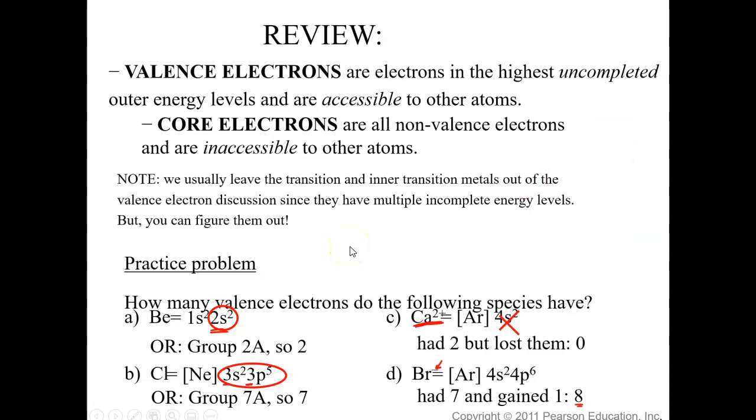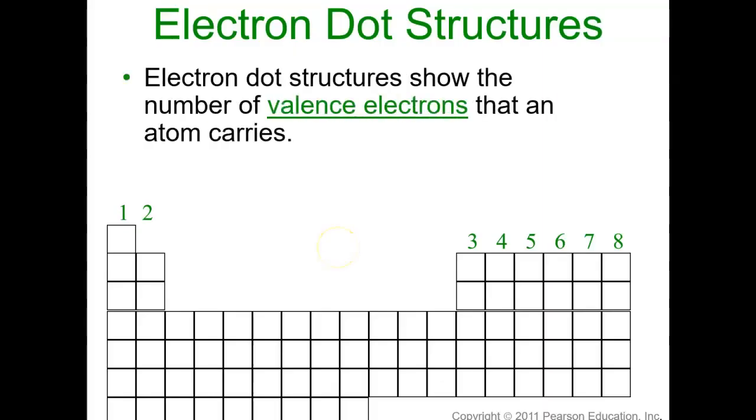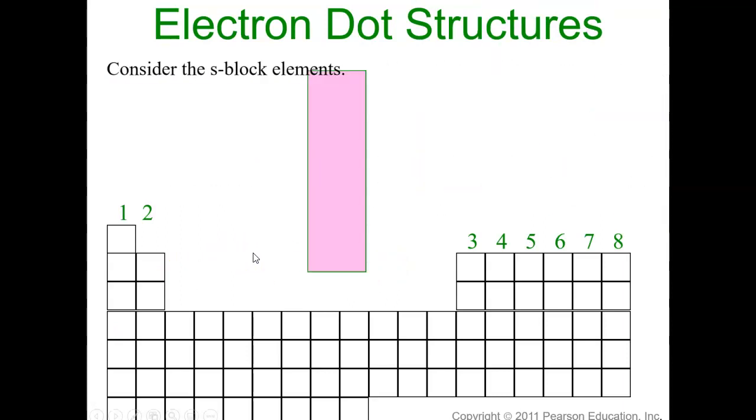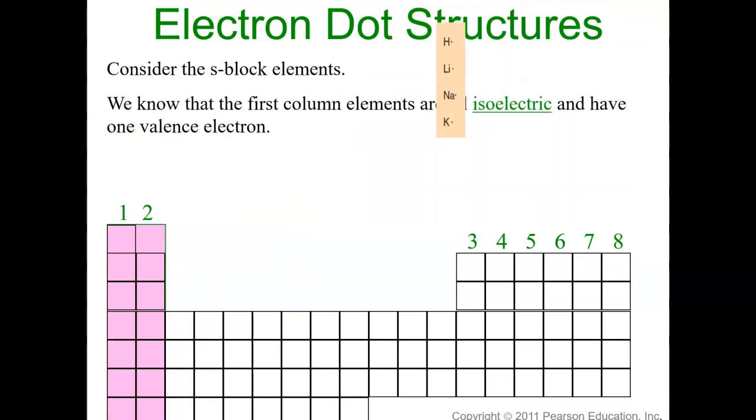So we can find our valence electrons by looking at our periodic table, or happens to be, again, like we talked last week, that they are the same number as the group numbers. So each of these groups has 1, 2, 3, 4, 5, 6, 7, 8. That is the number of valence electrons. Okay, so when we do this, we use dots to represent these electrons we talked about.